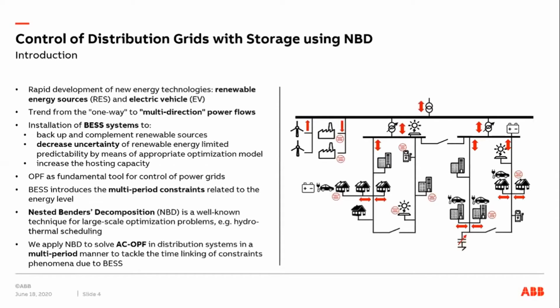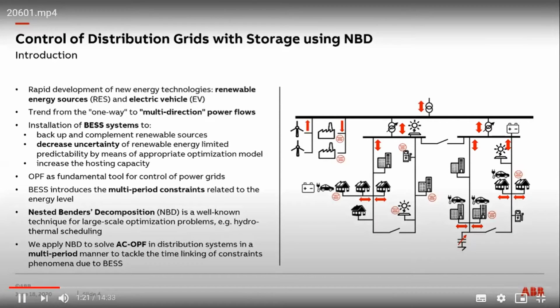New challenges in the distribution grid are present. Let's discuss the rapid development of new energy technology, like renewable energy sources, for example, in terms of distributed generation, as well as electric vehicle charging. So, new challenges to the traditional distribution grid management are present. For example, the increased voltage level and short circuit current. They play an important role in changing the power supply reliability and power quality.